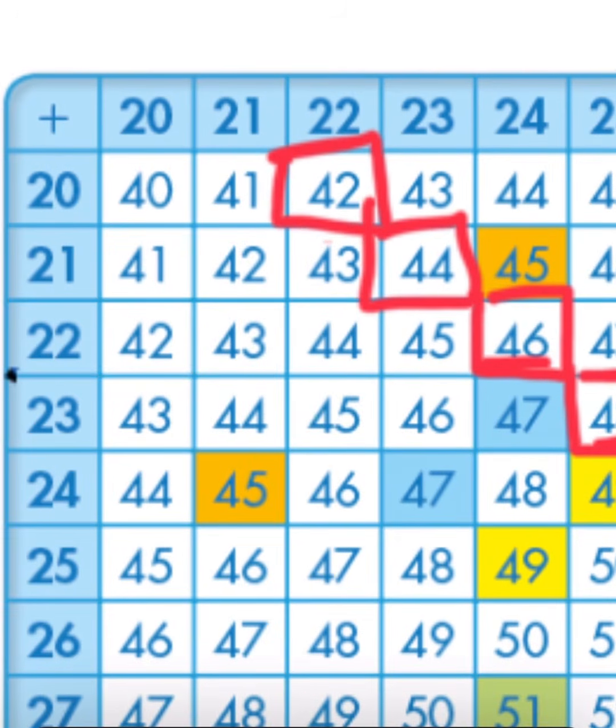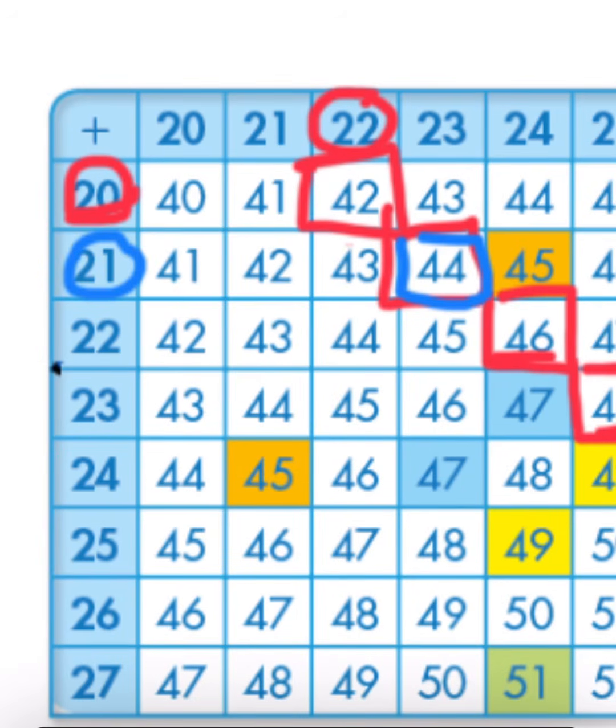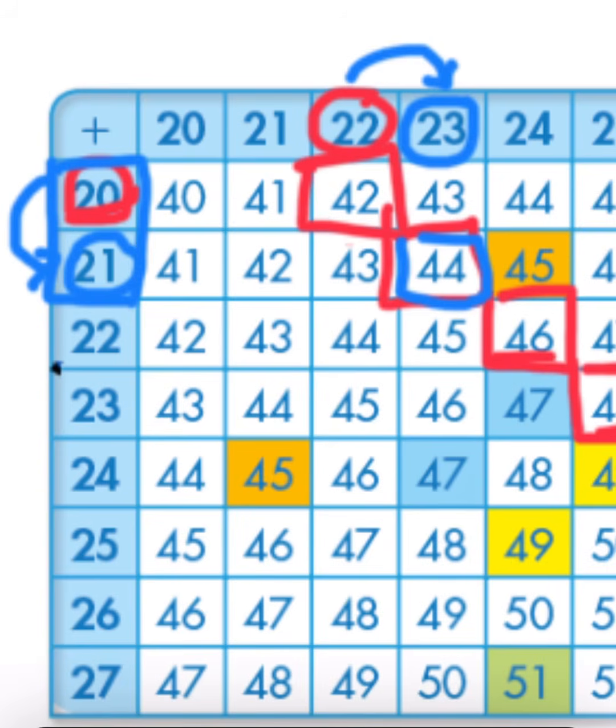Well, let's look at our addends. To get 42, that was 20 plus 22. To get 44, what are my addends? 21 plus 23. What happened? Each addend went up by 1. It increased by 1. So if I increase this addend by 1, that's 1 more. And I increase this addend by 1 up here, that's another 1, so that's 2. I've gone up by 2, right?